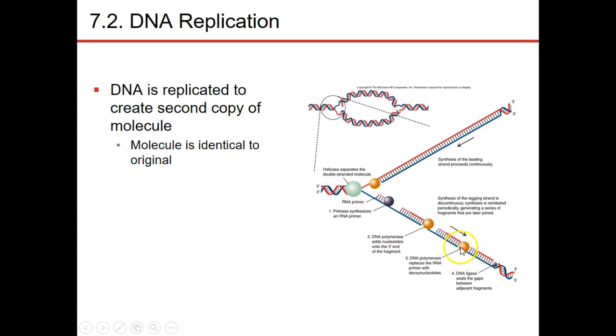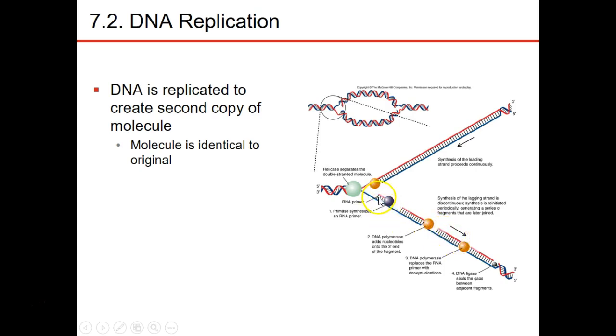So as the DNA molecule is opening, we're going to bind an RNA primer and then a DNA polymerase and produce a small section or segment of newly synthesized DNA. And then again, we have RNA primer and then a DNA polymerase. And we're going to synthesize another section.